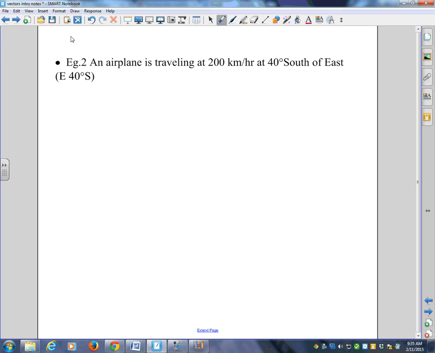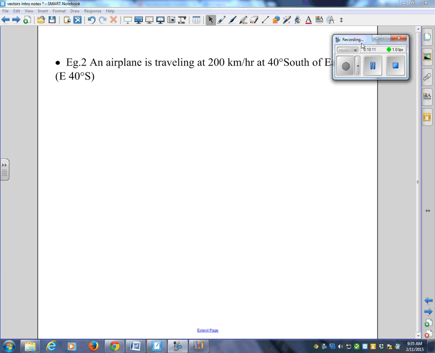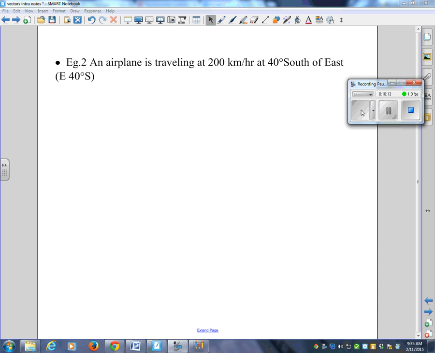An airplane is traveling at 200 kilometers an hour at 40 degrees south of east. Let's not worry about the length first. Let's worry about 40 degrees south of east.